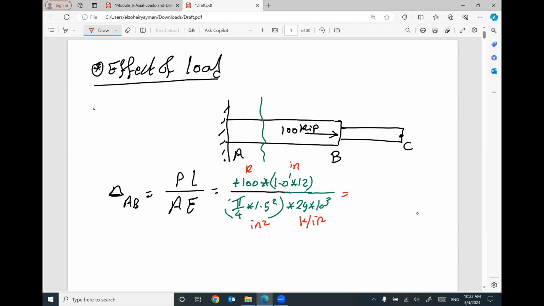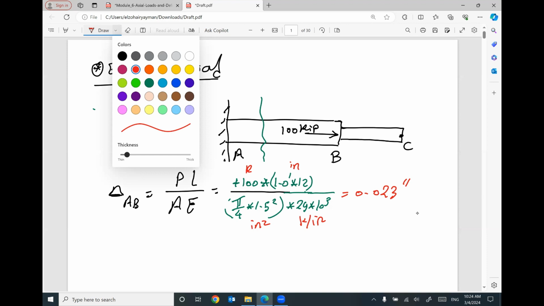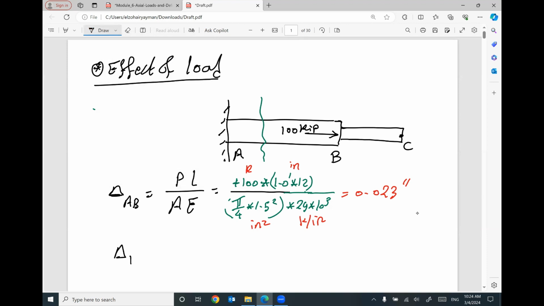So the final elongation of part AB will be 0.023 inch. Next, figuring out the elongation in part BC, equal to PL divided by AE for part BC.